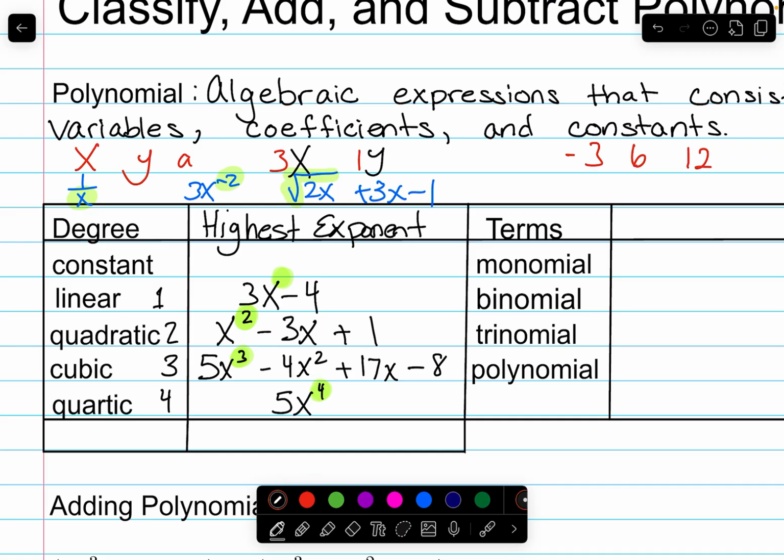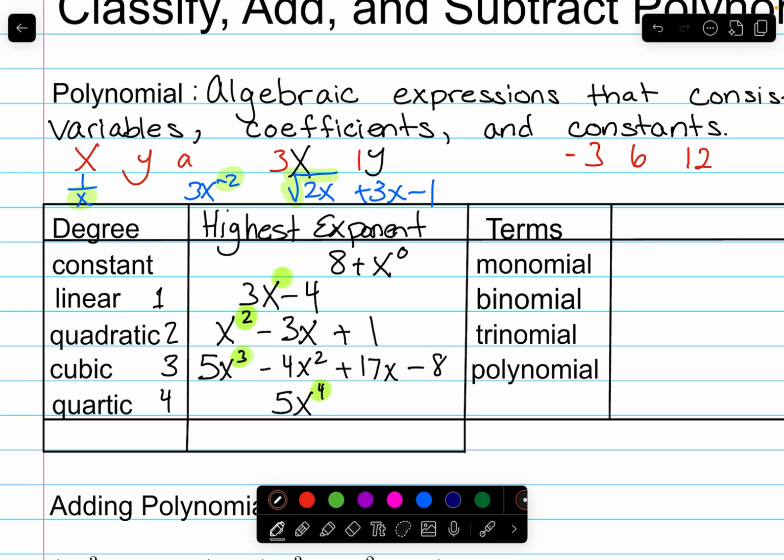What's next? A constant. Again, a constant is a number by itself. There is no variable. So I can give you something like 8. That's a number by itself. Let's say I make one up for this problem, 8 plus x.